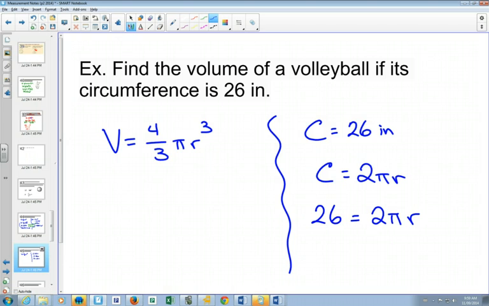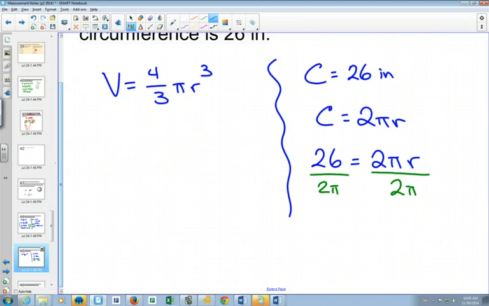So how would I get r by itself? I'm going to have to divide, right? Divide by 2 pi. Now here, I want you to try this on your calculator. I'm going to write down 2 answers. Of course, one of them will be right and one of them will be wrong.